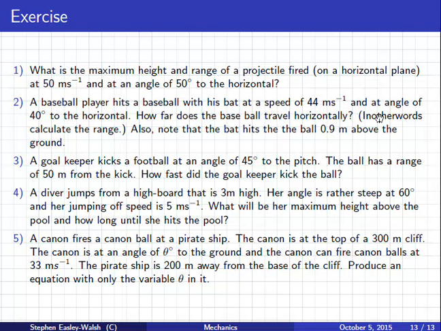For the last part, I want the speed. What's the speed? Well, the speed is how fast it's going. It's like the opposite of what you did at the start. It's just going to be square root.